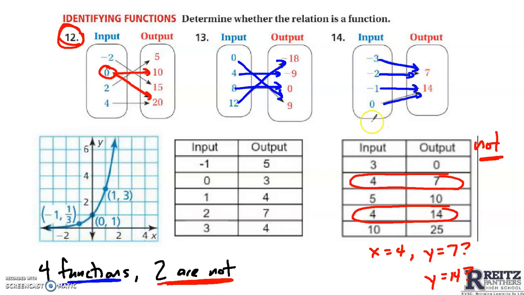I just know where every x goes for its outcome. This table has no repeating x's, so every x has only one y. This graph passes the vertical line test. Anywhere you might draw a vertical line, any x value you pick, that line that you draw vertically is only going to cross it once. There's only one y for every x.